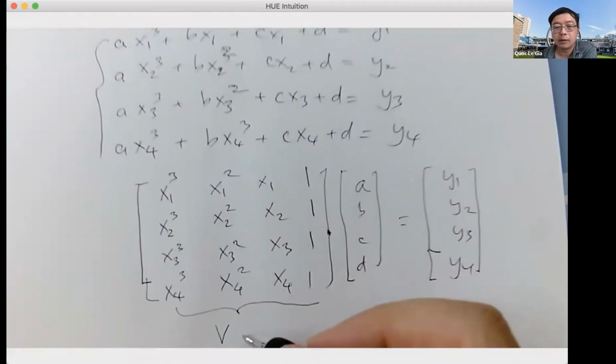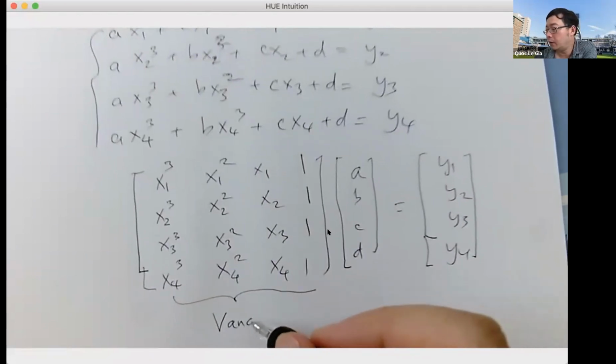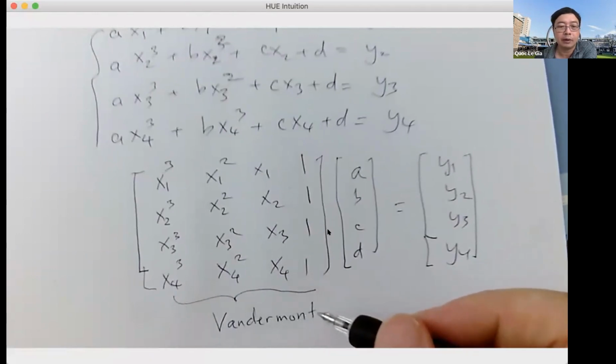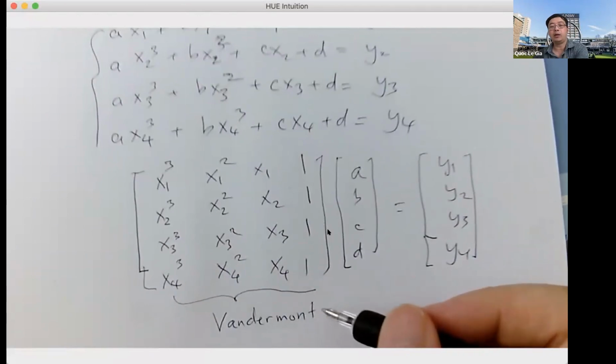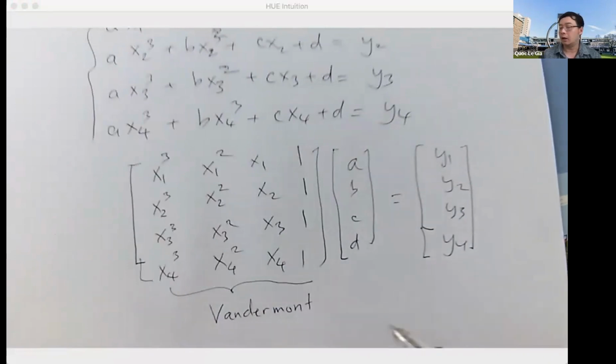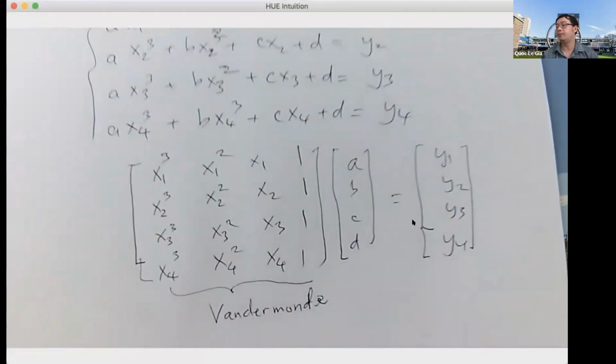And this one has been proved to be always invertible, proved by the guy named Vandermonde. I forgot where he's from. You can look him up on Wikipedia. I think he could be a French guy, and I think he's the first one who showed that this matrix is always invertible.